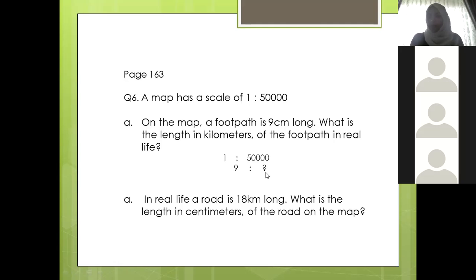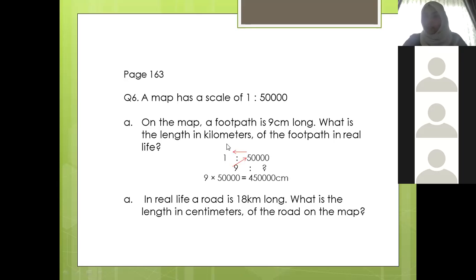With direct proportion, we just multiply, going by cross multiplication, or we use the x that we are used to. So it's 9 multiplied by 50,000 centimeters, and that would be 450,000 centimeters.